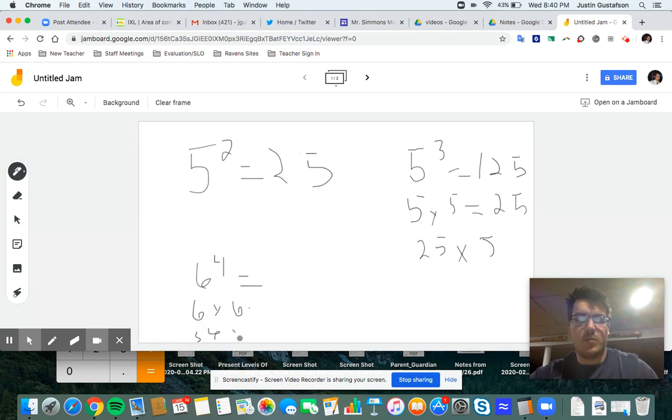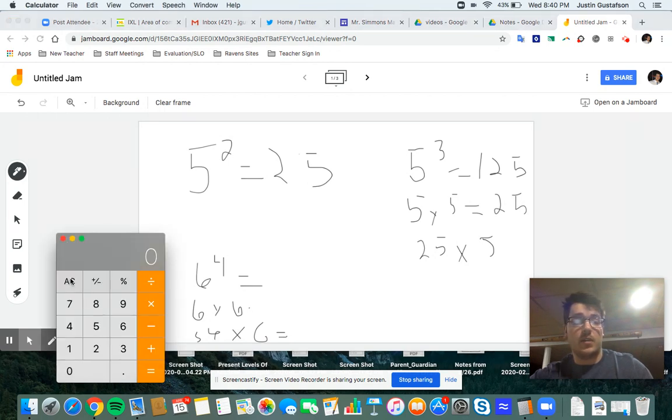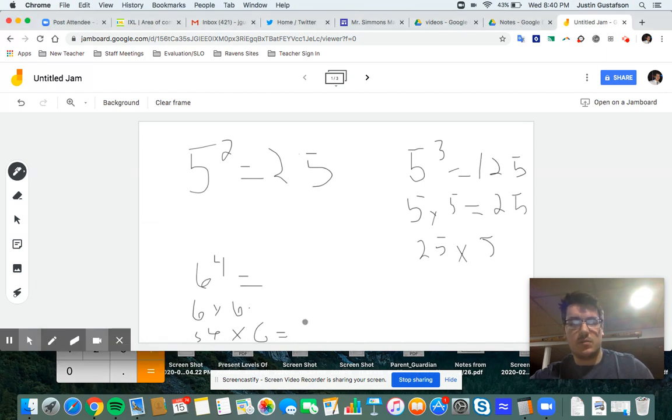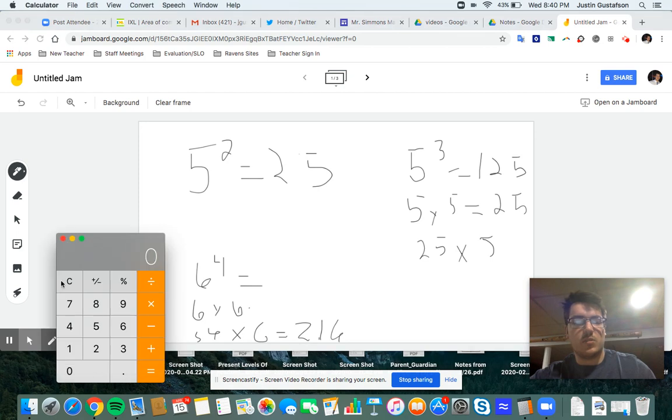I hate typing with my mouse. Equals, I don't know that off the top of my head. 36 times 6 equals 216. 216 times 6, which would bring it to the fourth, equals 1296.